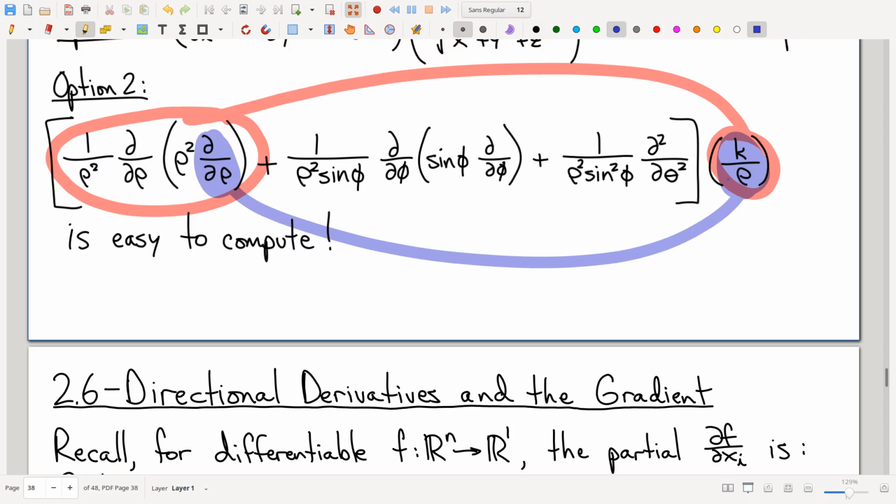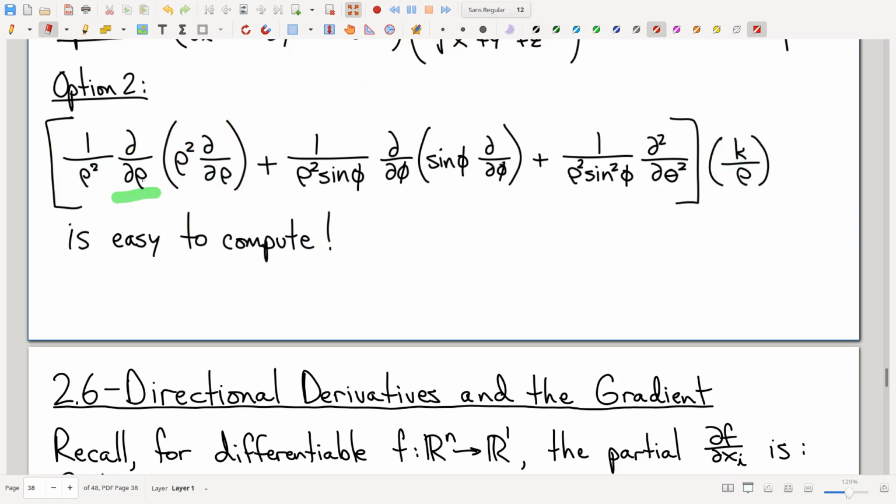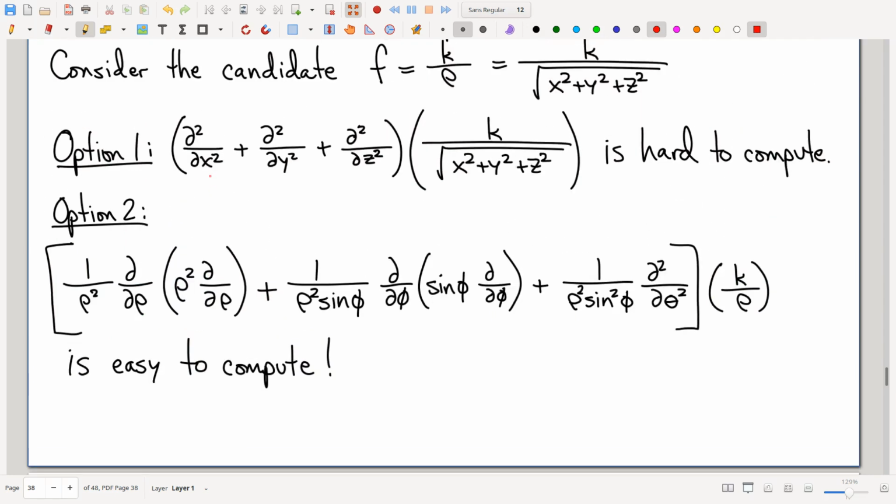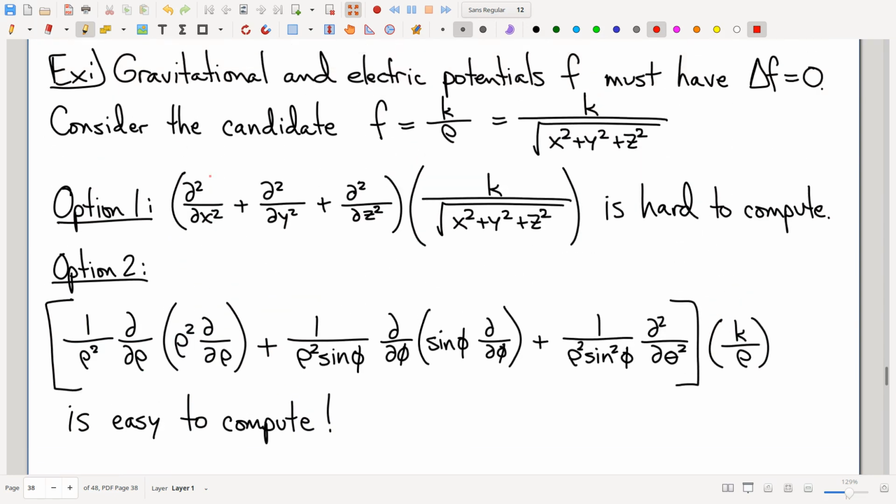So that's going to be 1 over rho squared, which, when I multiply by rho squared, makes this a constant, and when I take the derivative of a constant, again 0, and that all goes away.